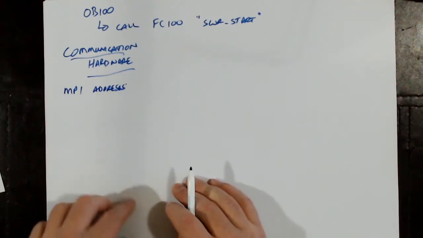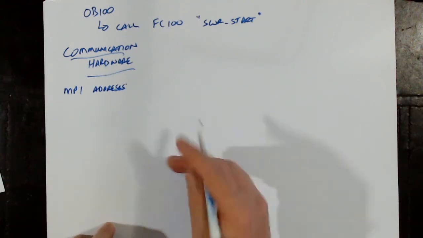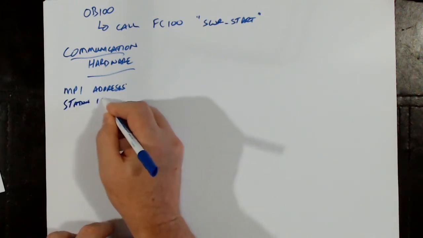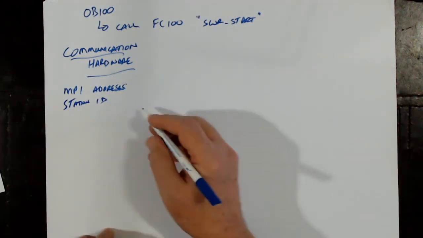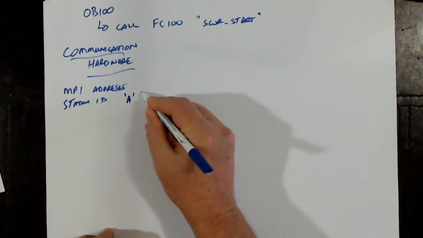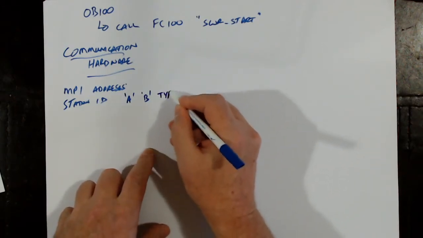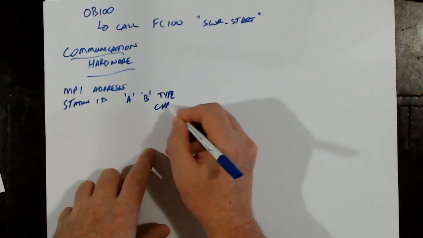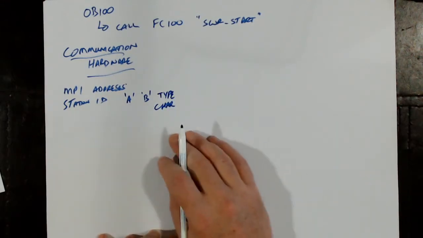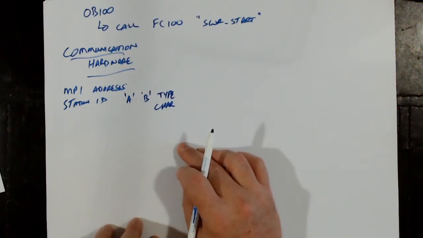You need the MPI address of this PLC and of the other PLC. We also need to know the station ID. The station ID will be either A or B. This is of type char. We don't see that very often in programs, but it's a 1 byte ASCII character, and it's either A or B, one of the two PLCs.